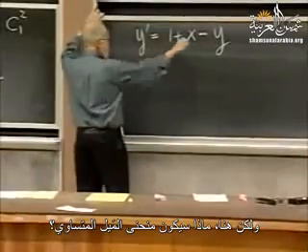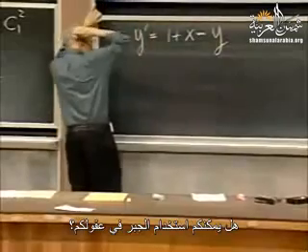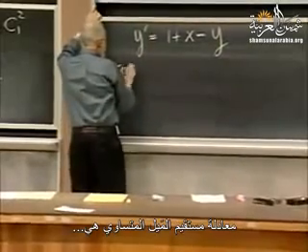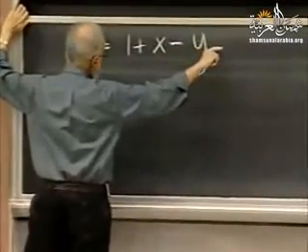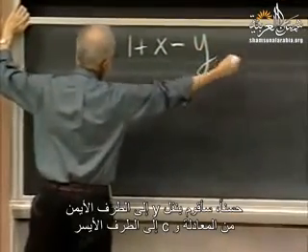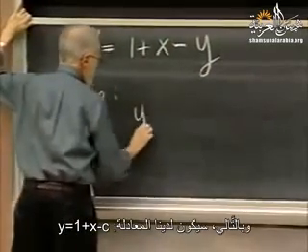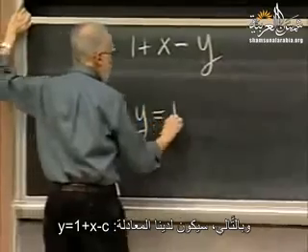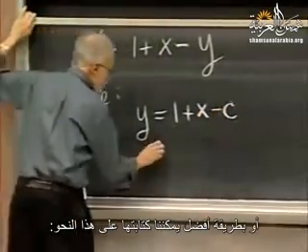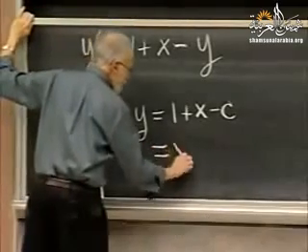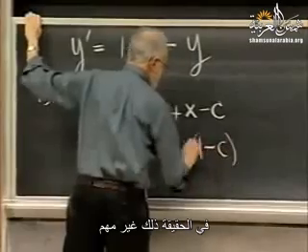But here, the isoclines would be what? Well, I set that equal to c. Can you do the algebra in your head? An isocline will have the equation 1 plus x minus y equals c, so I'm going to put the y on the right-hand side and the c on the left-hand side. So it will have the equation y equals 1 plus x minus c. Or a nicer way to write it would be y equals x plus 1 minus c. I guess it really doesn't matter.